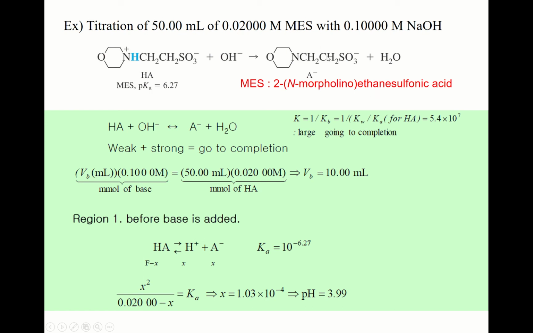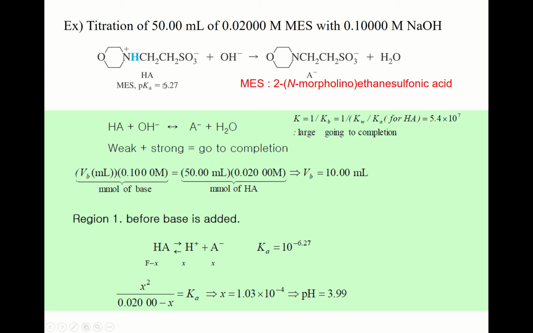This is the anionic form, and the proton here will be dissociated. So this is a weak acid, and we write it in short as HA. The pKa is 6.27.